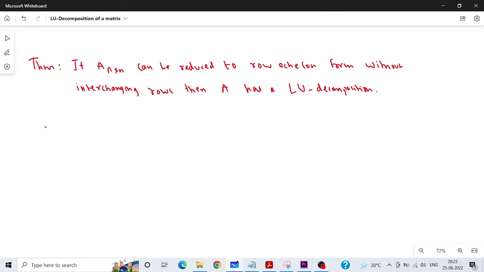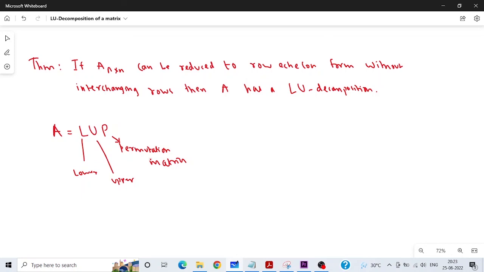Now we saw that not every matrix has an LU decomposition, but every matrix A can be written as a product of L, U and P, where L is a lower triangular matrix, U is an upper triangular matrix, and P is a permutation matrix.